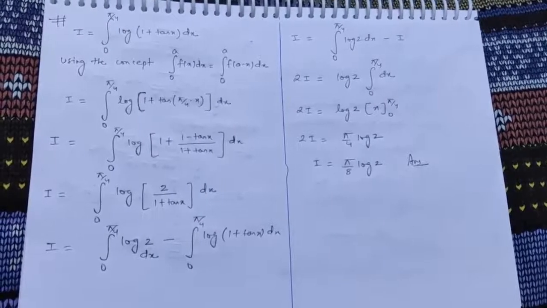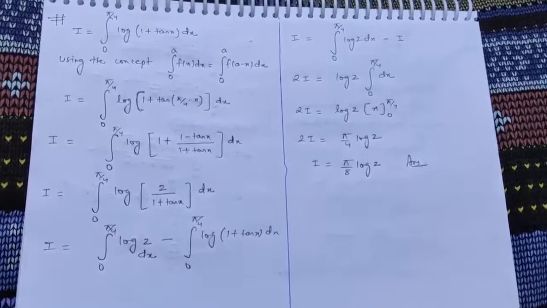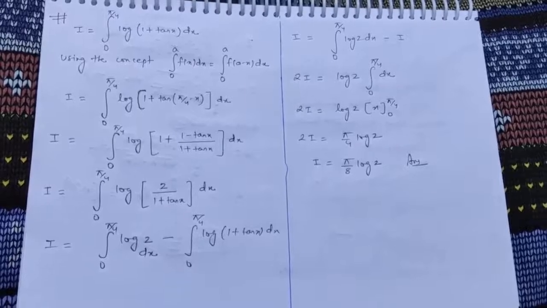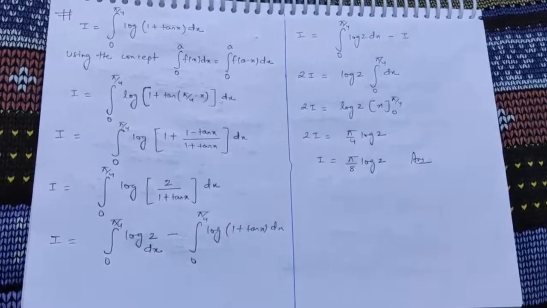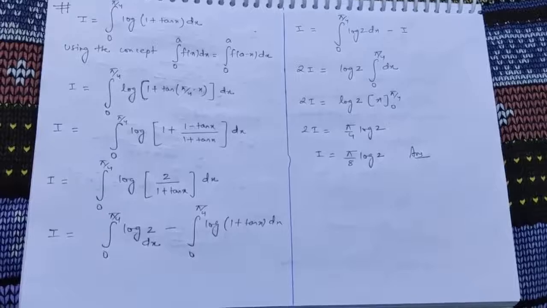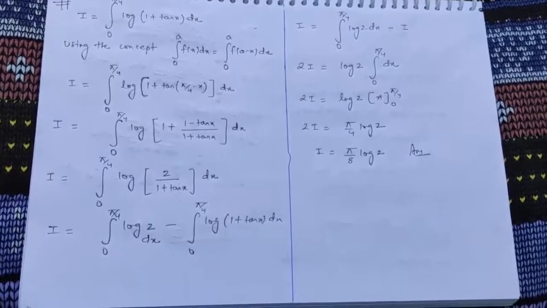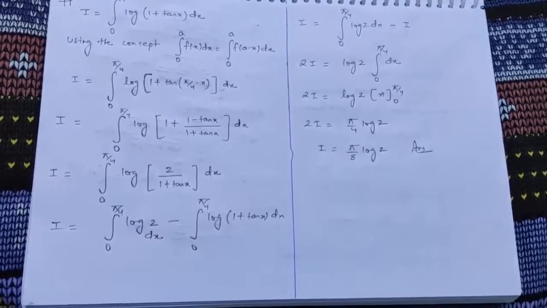Applying the formula (tan a minus tan b) upon (1 plus tan a tan b), we get I is equal to the integration 0 to pi by 4 log of 1 plus (1 minus tan x) upon (1 plus tan x).